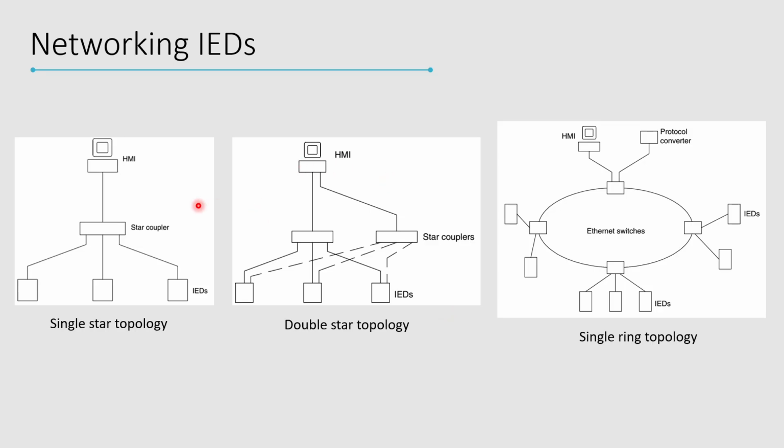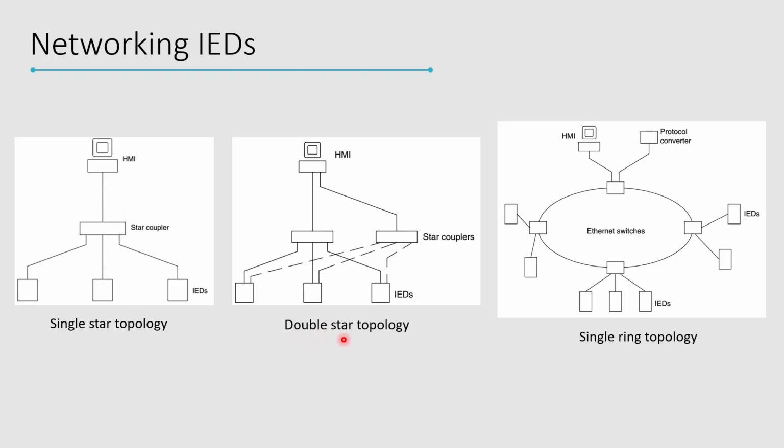This shows some of the possible topologies. This is a single star topology. You have the star coupler, the SCADA system is connected through the bay control unit or the star coupler, and then the different IEDs are connected through the star coupler to the HMI or human machine interface.